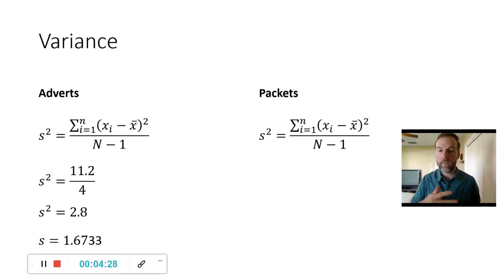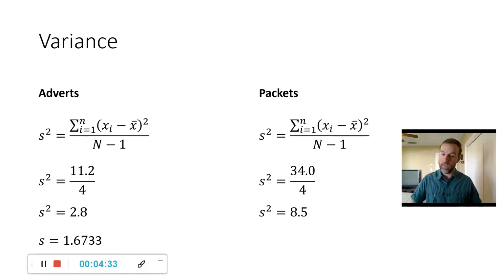Here I haven't done the whole equation, but if we work it out, we see that the variance in the number of packets is a bit larger. It's 8.5. If we take the square root of that to get the standard deviation, or S, it's 2.9155. So that's variance.